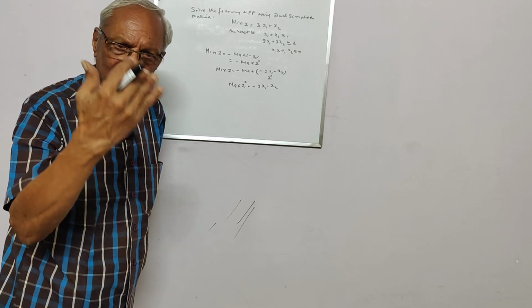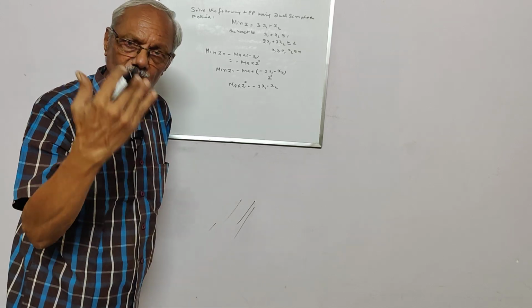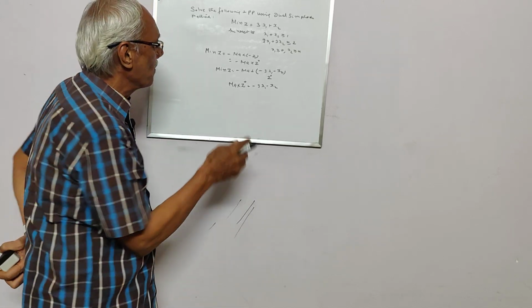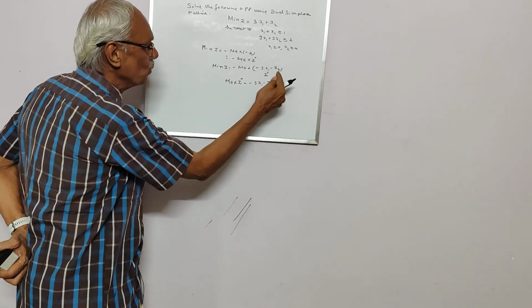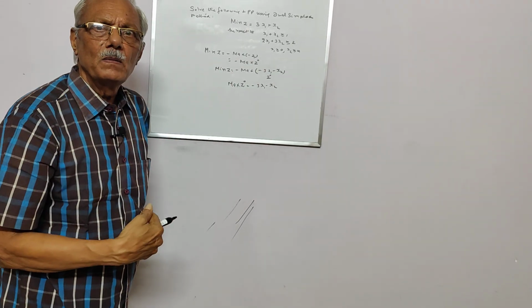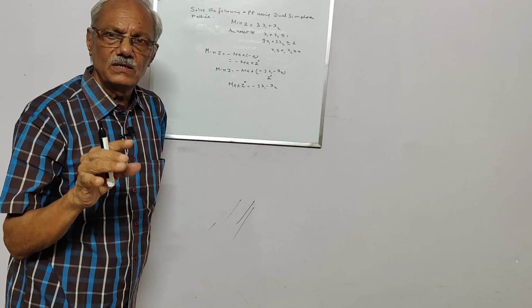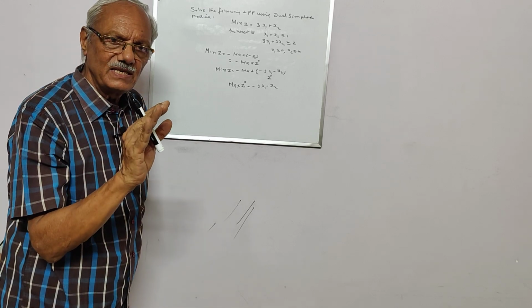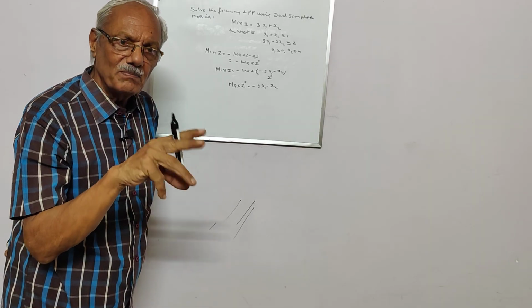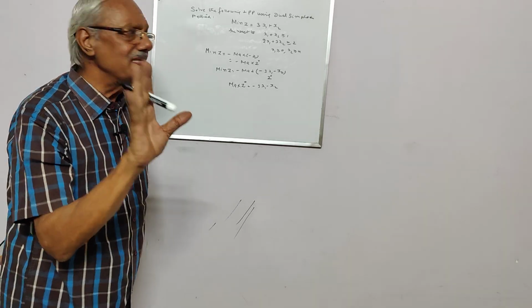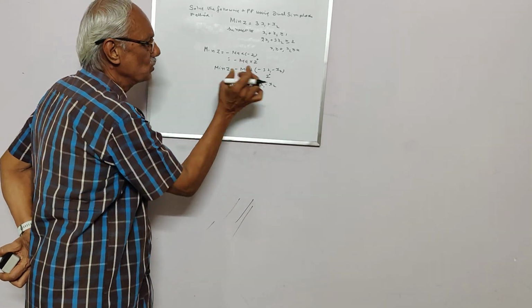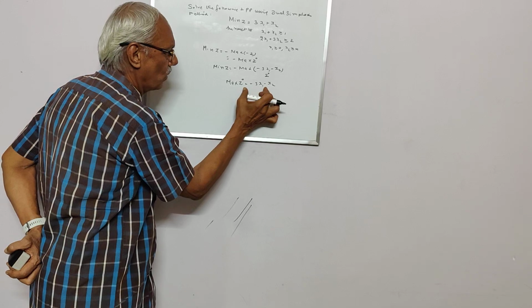After finding the maximal value using the dual simplex method, multiply by a minus sign so that you will get the minimum of z. Are you clear with this? So the minimum of z is nothing but minus max of minus z. So you solve for this now.